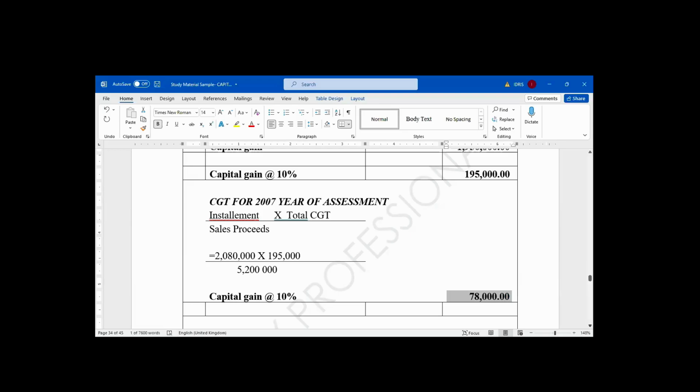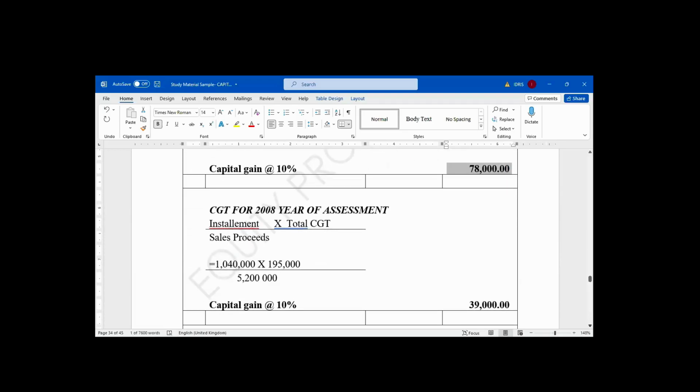In 2008, how much is the installment the buyer paid? 1,040,000, over 5.2 million, the sales proceeds, times 195,000, the total capital gain tax. As a result, we get 39,000. That means in 2008, the seller will pay 39,000 to the tax authority as capital gain tax.